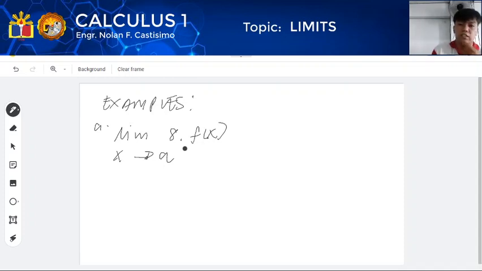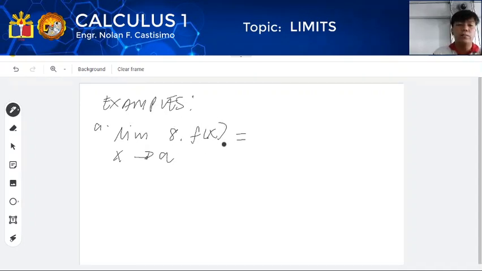Ano magiging sagot natin dyan? Pero of course, bago natin masasagutan yan, merong kulang. Merong kulang, di ba? Andyan yung value ng f of x. Meron ba tayong function ng f of x?